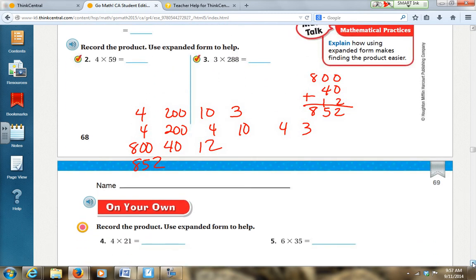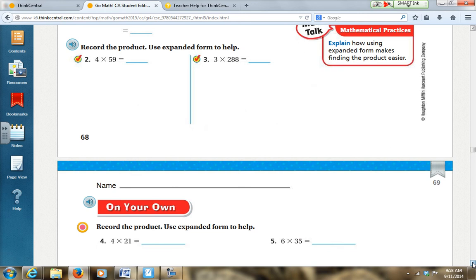Let's do 2 and 3 together. Okay, now they didn't give us boxes. Now we got to do it on our own. How do I break up 59 into expanded form? Jessica, how do I break 59 up into expanded form? 50, good. And then?